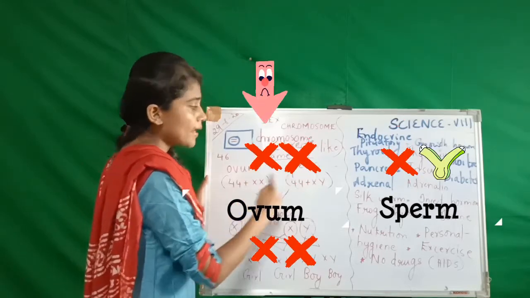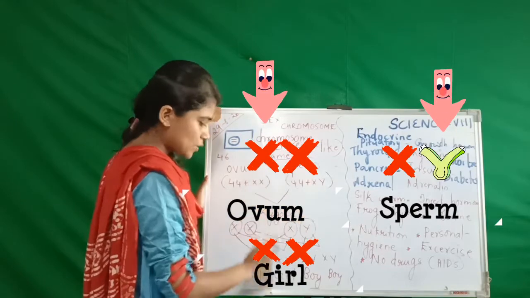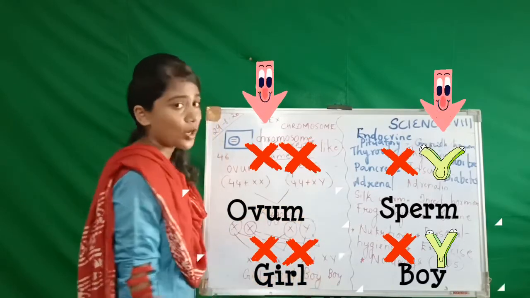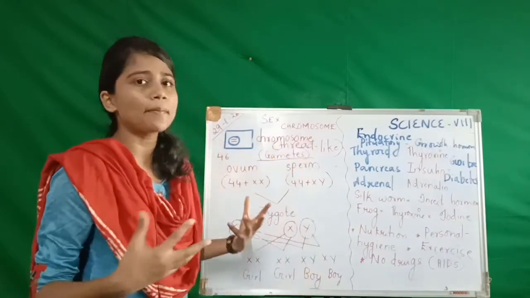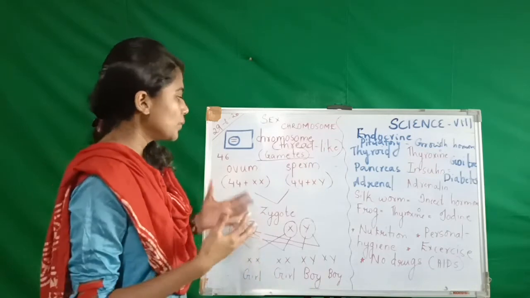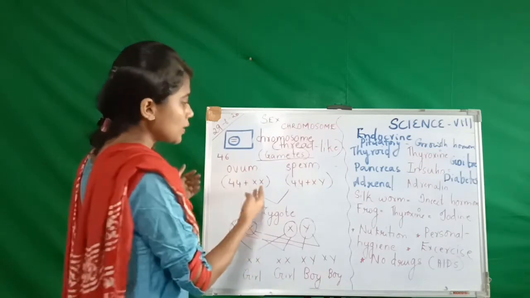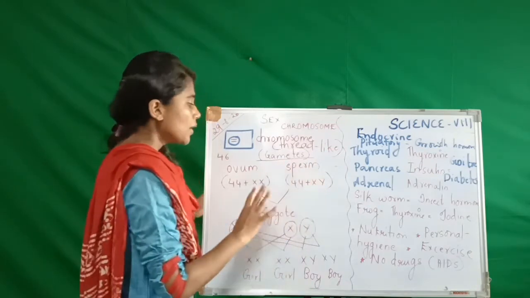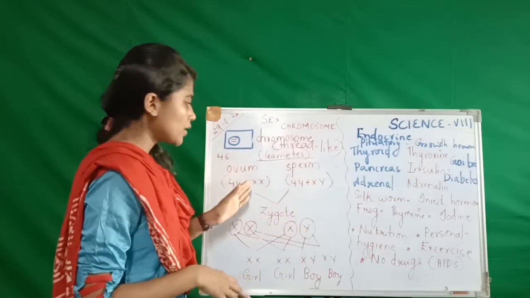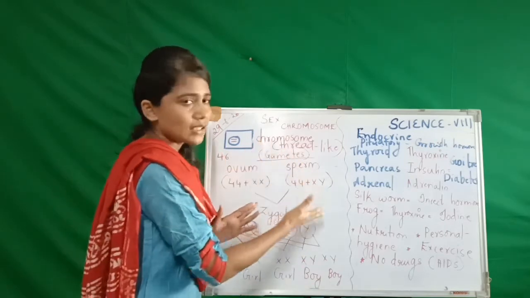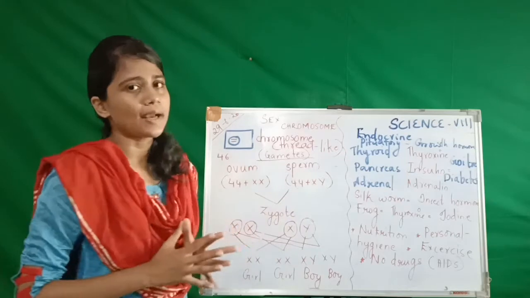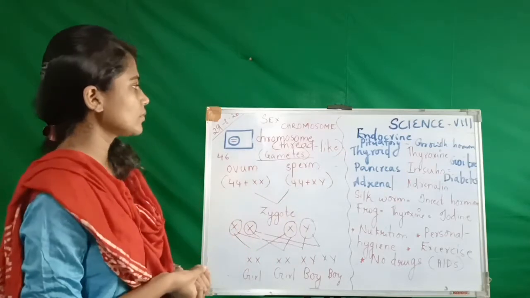If the X combines with the Y, then XY is formed and a boy baby is formed. So it can happen in any way. We can't determine which will combine with the other, but at the time of fertilization, one X combines with the other X or Y, and that determines the sex of a baby.